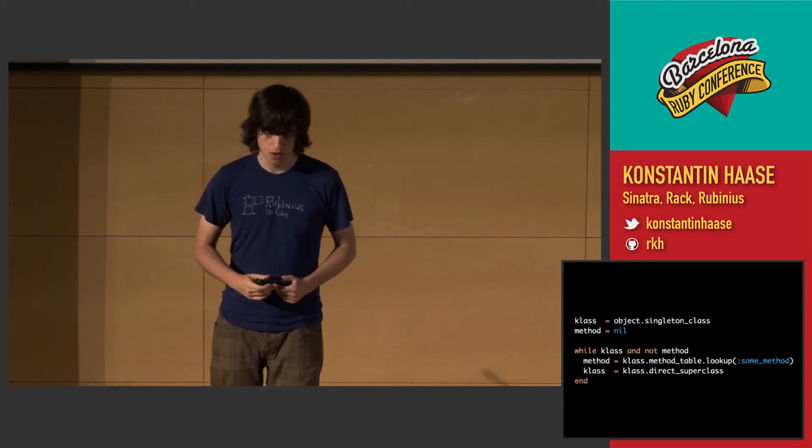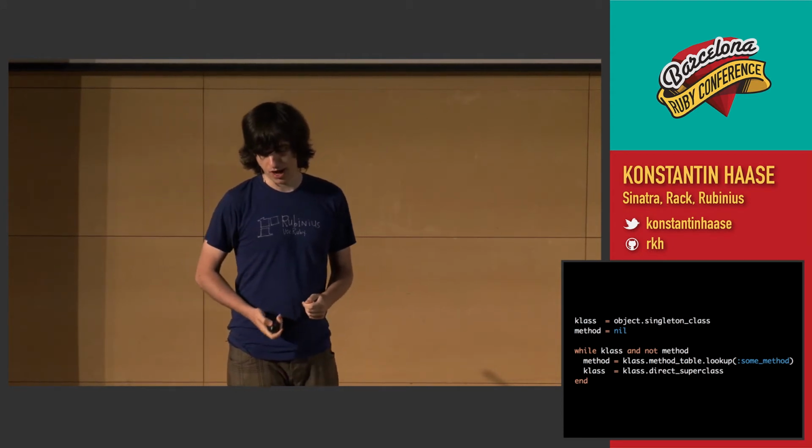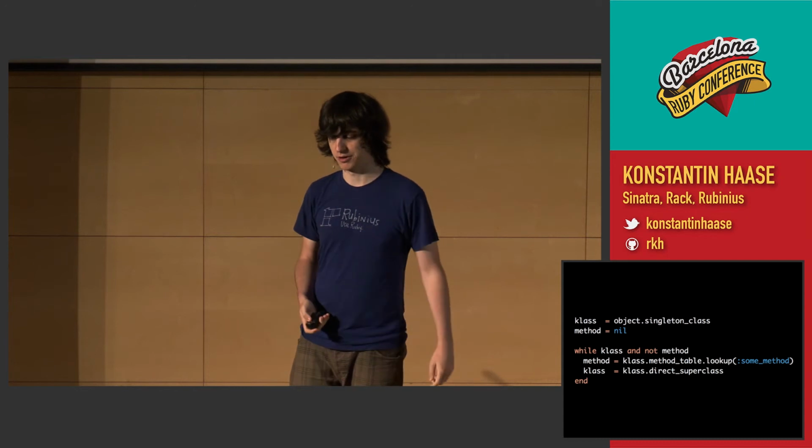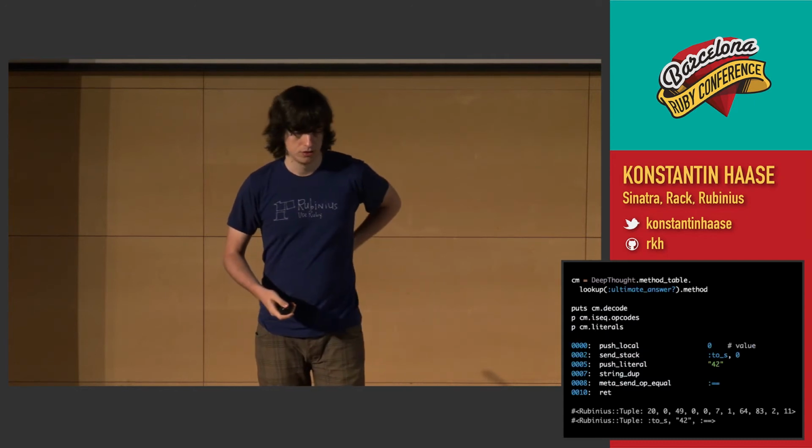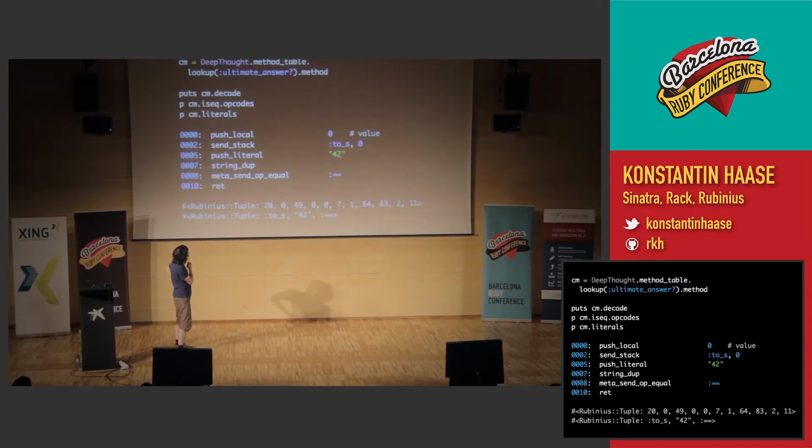And then when you have the method, you can actually play around with it. You can just ask the DeepThought class for the method ultimate answer. The CM now is the compiled code. It used to be compiled method, but I just learned it has been renamed. Then you can do stuff like decode it, which will give you that output.